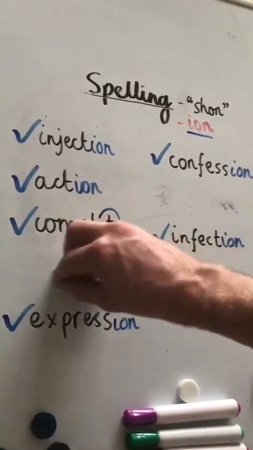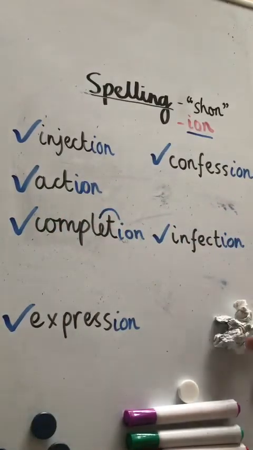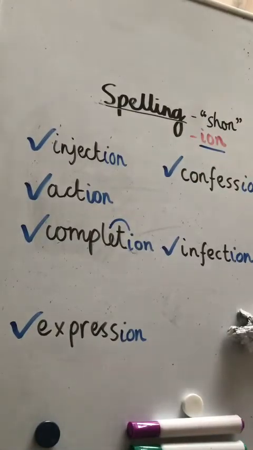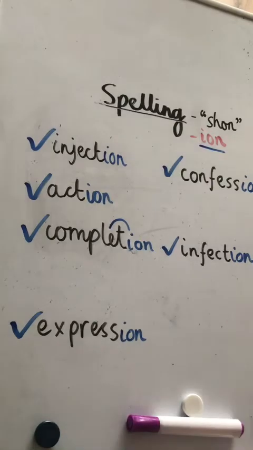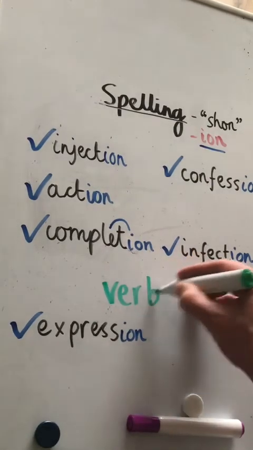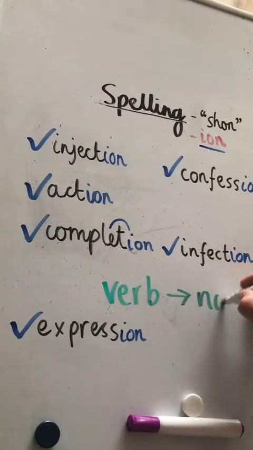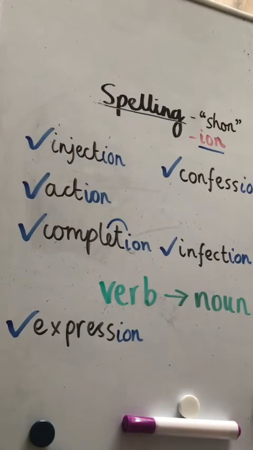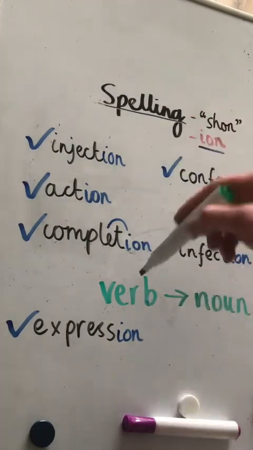And again, if you remember why these work, it is because it goes from a verb to a noun. Okay? So all of these words were verbs and then they went to a noun.